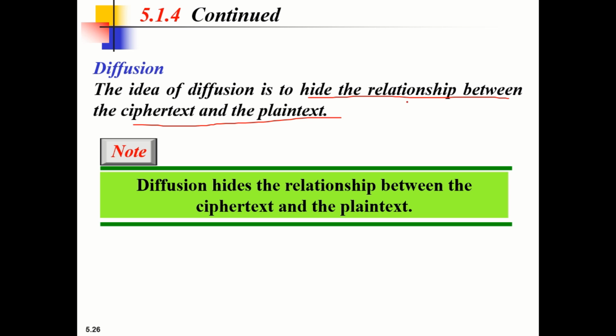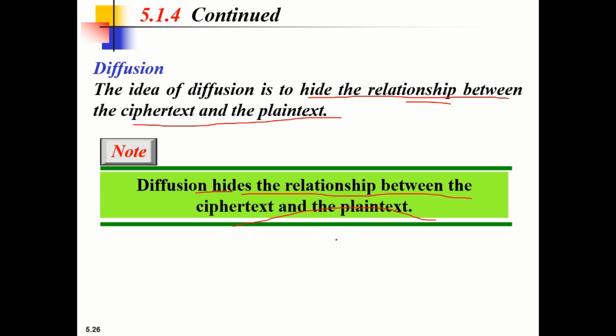This relationship must be hidden so that the attacker should not be able to find out the value of p, and as a result, the attacker should not be able to intercept the message. So the diffusion property hides the relationship between the cipher text and the plain text.